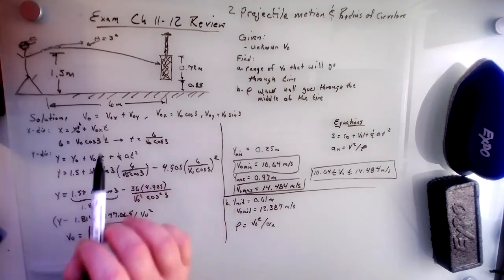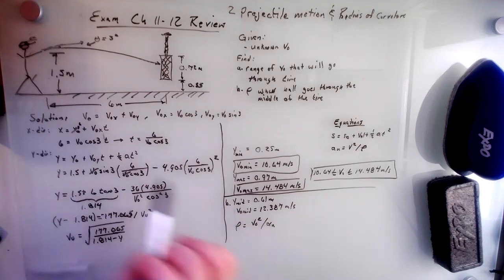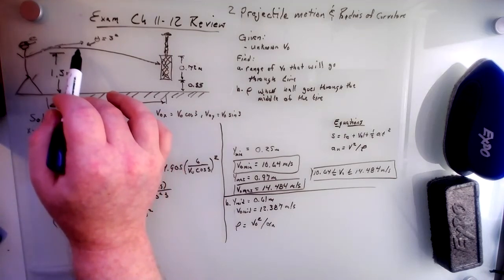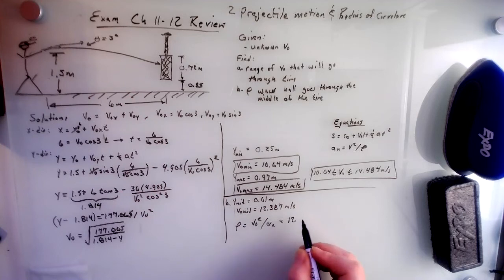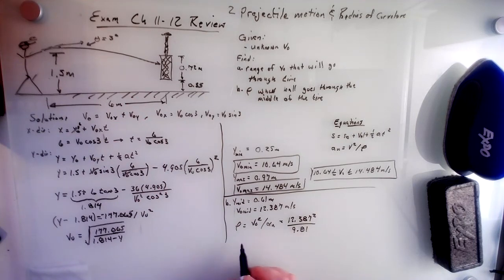It's going to be pretty constant. And we assume that we're taking this at the top of the arc, then the normal acceleration is gravity, right? So this is just 12.387 squared over 9.81. So rho equals, can we still see that? Yeah, so rho equals 15.641 meters. And that's how you solve that kind of problem.